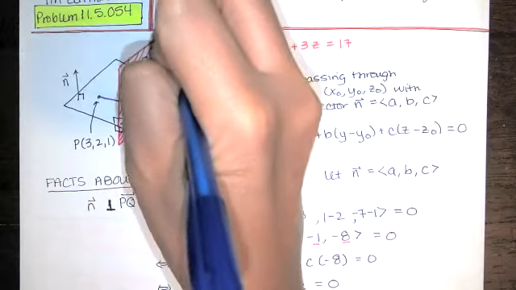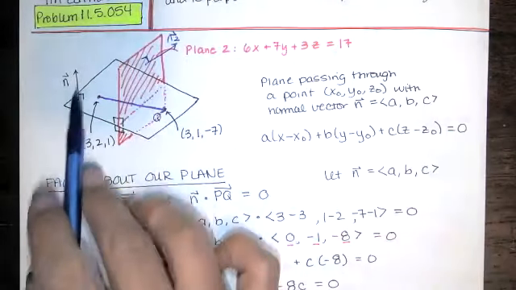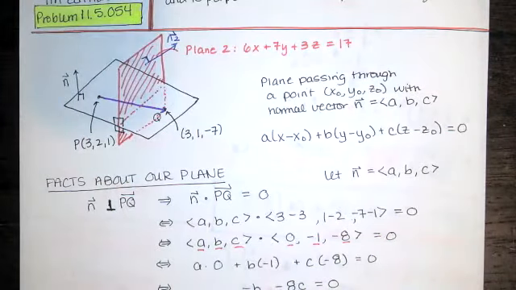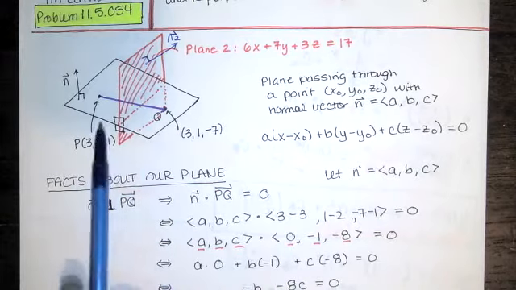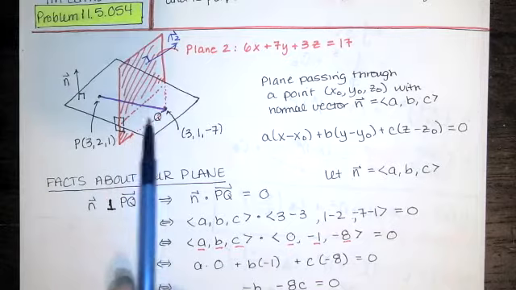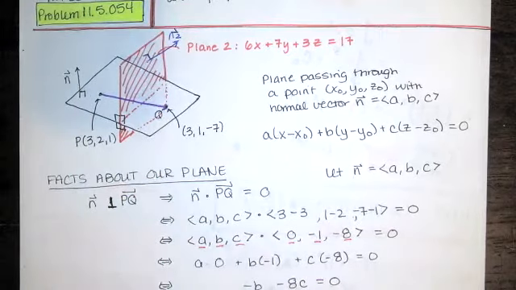The normal vector to this plane and the normal vector to my plane have to be at a 90-degree angle to each other as well. My picture is pretty bad, I'm sorry. But the only way that this plane is perpendicular to this plane is if this vector and this vector are orthogonal to each other.